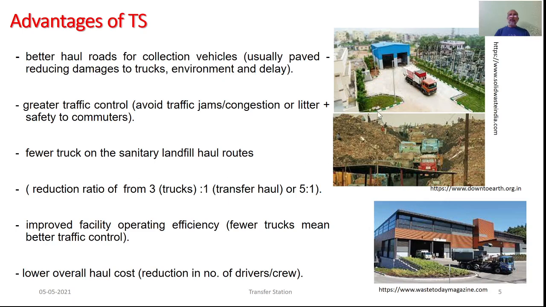As we saw in the definition sketch, the collection vehicle is quite small as compared to the kind of vehicle which leaves the transfer station. Hence, from the transfer station onward, there will be fewer trucks leading to the facility such as disposal sites. The reduction occurs at 3:1 to 5:1.